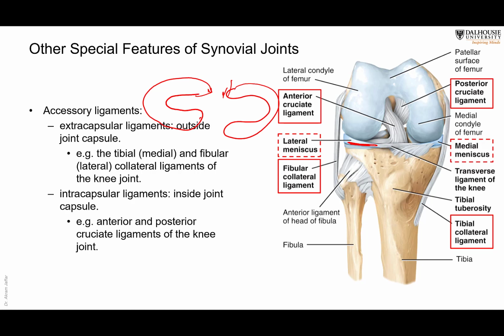Because, for example, the distal end of the femur has a changing curvature. So during movement, these menisci open and close. They are always moving when you move the joint in order to make the two bones fit to each other.